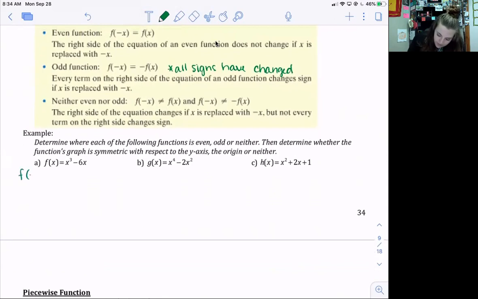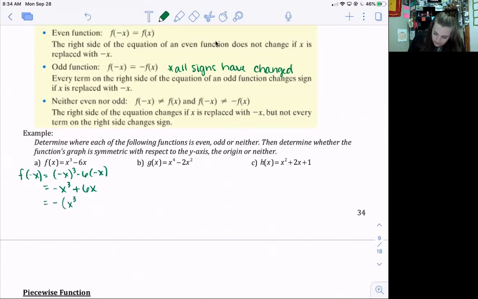We plug in negative x and we simplify. A negative cubed is still a negative, and a negative 6 times a negative x is positive 6x. So if we look back at our original, both of our signs changed. We could factor out a negative.